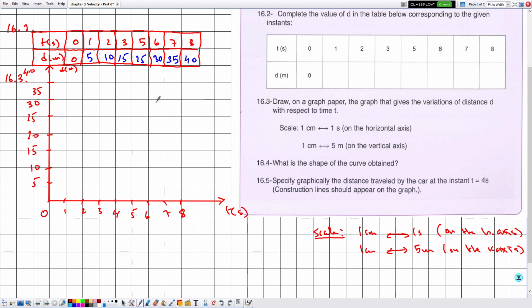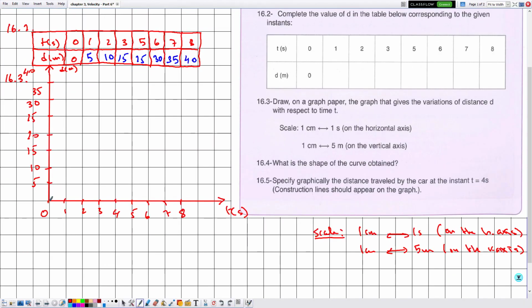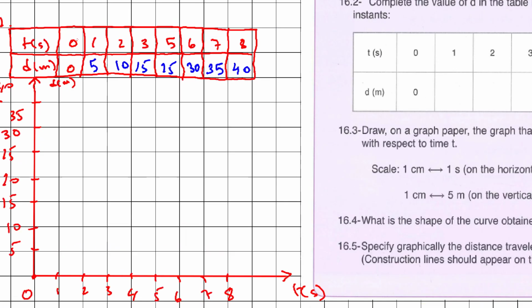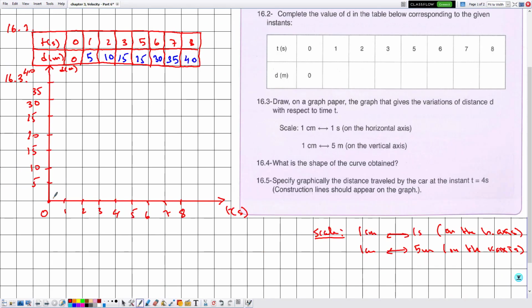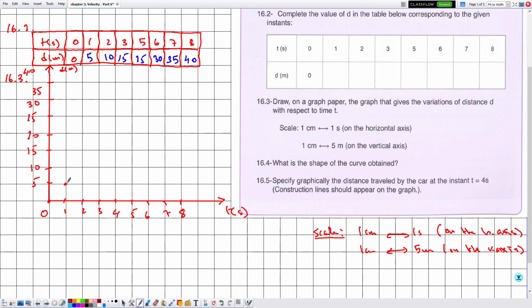And now let's label the points that are given in the table. When the time is 0, the distance is 0, so this is the first point. When t is 1, d is 5, so this is 1 and 5. And we complete plotting the points. Notice that the point 4 is missing.